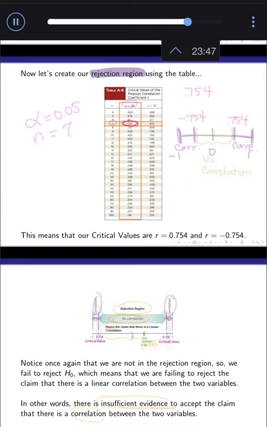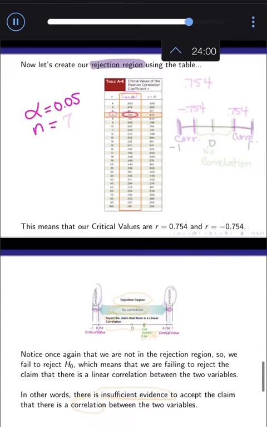So let's figure out what our critical values are for our rejection region. Well, first of all, we need our alpha. Our alpha for this one was 0.05. Now, what was our n? Well, remember, n is the size of the sample. If you go back to our original problem, we had 1, 2, 3, 4, 5, 6, 7 sizes and 7 revenues, 7 numbers that we put in as our X's and our Y's.